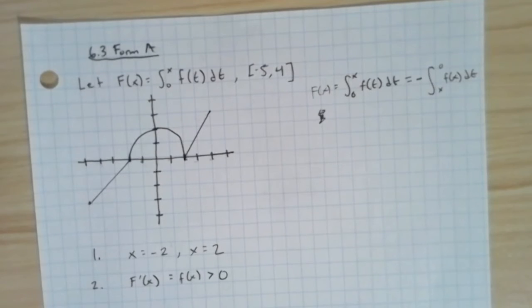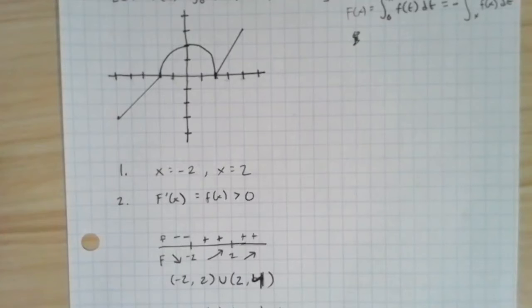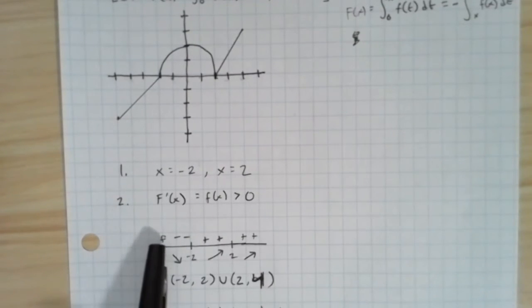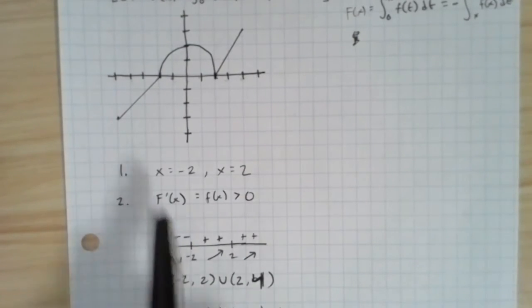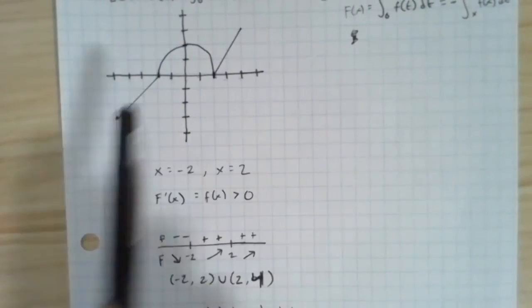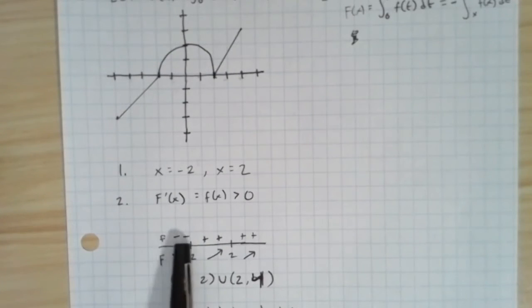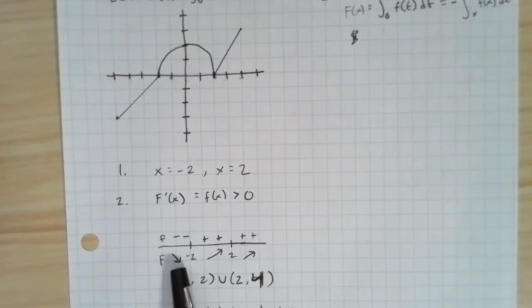It says justify, so I did a quick little analysis here. Here's f. If f is under the x-axis, from -5 to -2, f is negative, the area is negative, so then f will be decreasing.